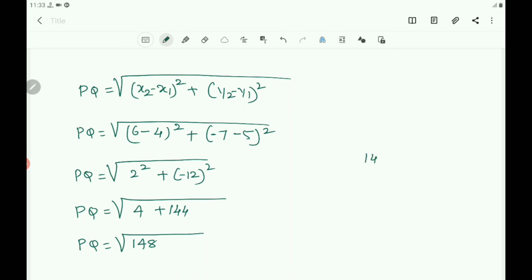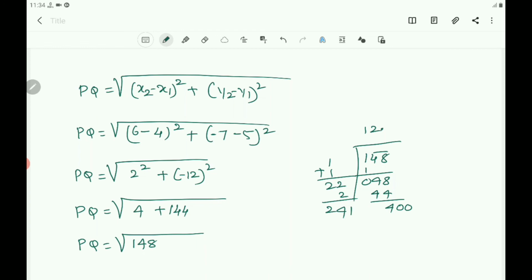Take root 148, make the grouping. First one is 1, 1 ones are 1, 1 minus 1 is 0, take down that 48. Add 1 and 1 to get 2, then 22, 2s are 44, 48 minus 44 is 4. Then you put 2, 24, take 4, 0. Then 241, 1s are 241.